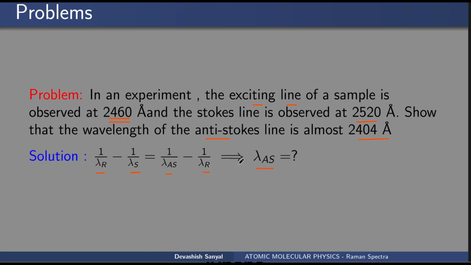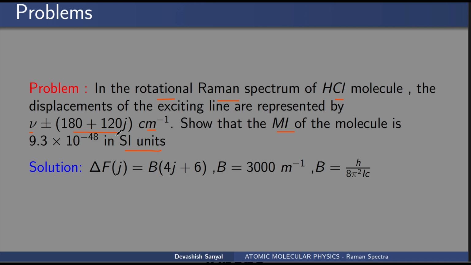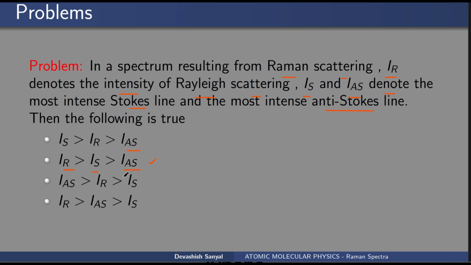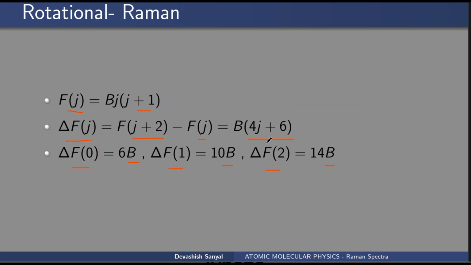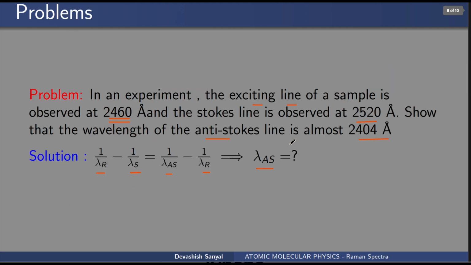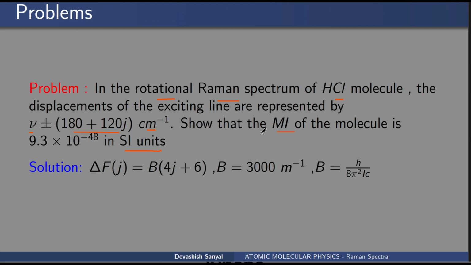We already know this, delta F J is B into 4J plus 6, that is what is given here. The displacements of the exciting line are represented in centimeter inverse, in units of 1 by length.